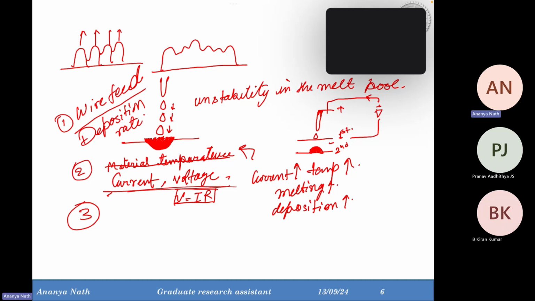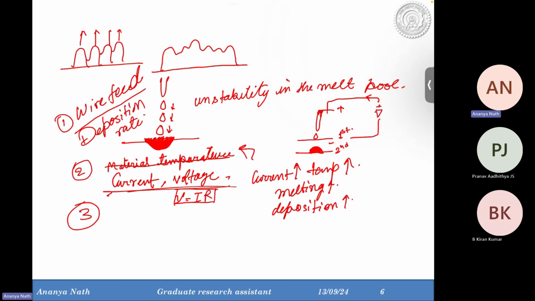So what can be my other process parameter? Now think about something else, because I have already discussed two, three. Any other thing? Gas flow rate, ma'am. Gas flow rate. Now can you tell me where this gas or gas flow rate is used in the welding process?